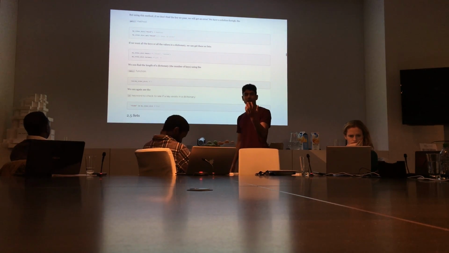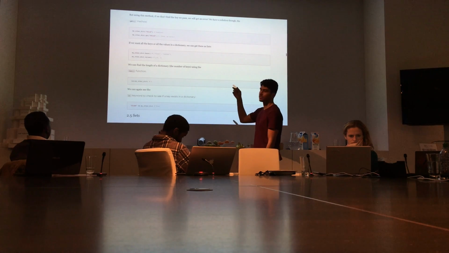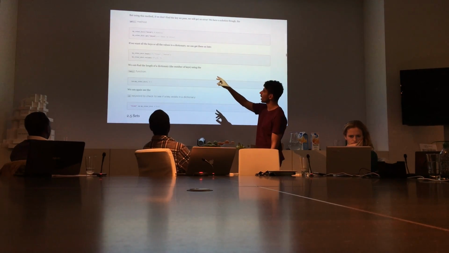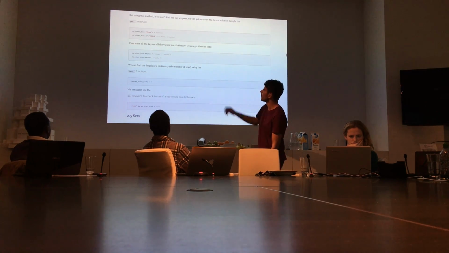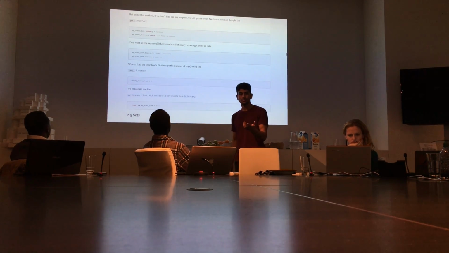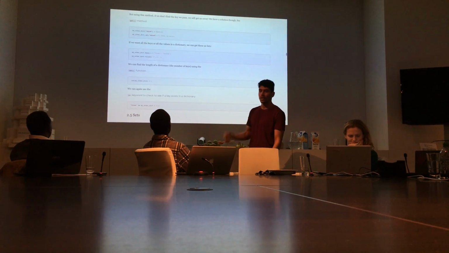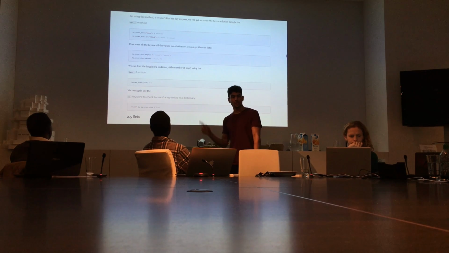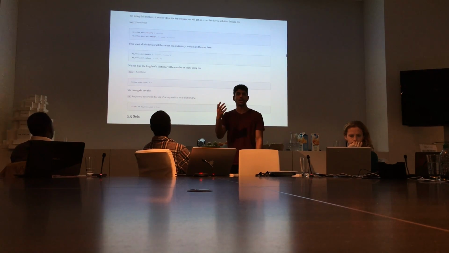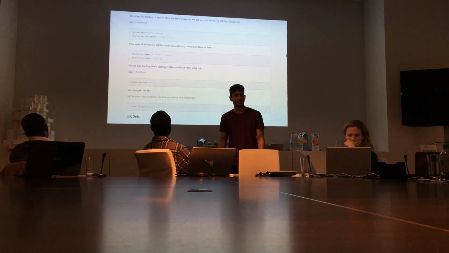So you have your dictionary dot get, and then provide the key, which is third. What that does is say if this key is there, then return the value. However, if it's not there, proceed.